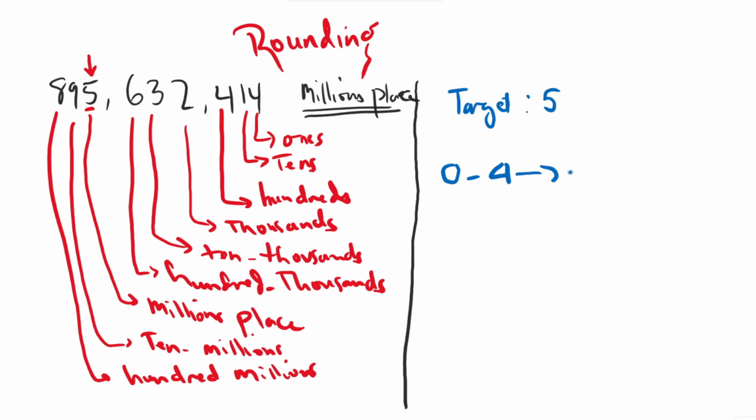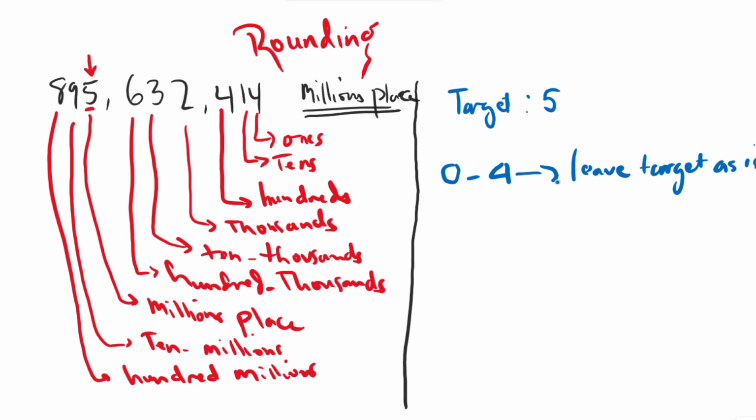Rule number 2: from 0 to 4, if the digit that comes after your target is between 0 and 4, you leave the target as is. You don't change it.